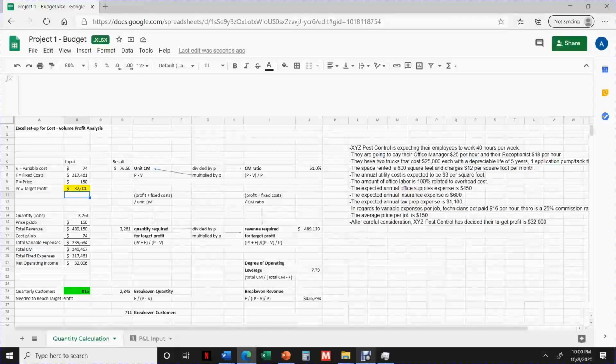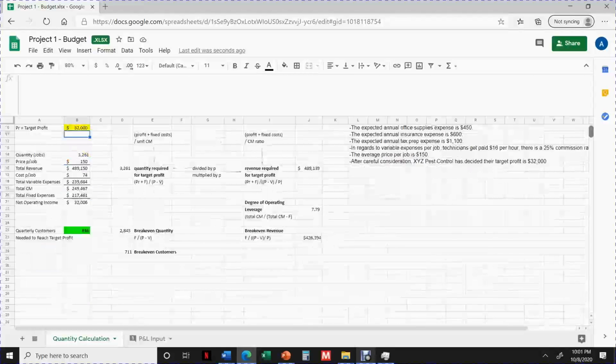So you see with our target profit, our quarterly customers increased also. Our CM stayed the same because it doesn't matter how many customers we serve, it will always be the same, because it's taking away our 150 minus our variable cost, which we've already calculated on this next page.